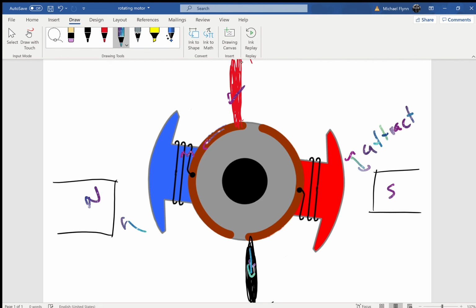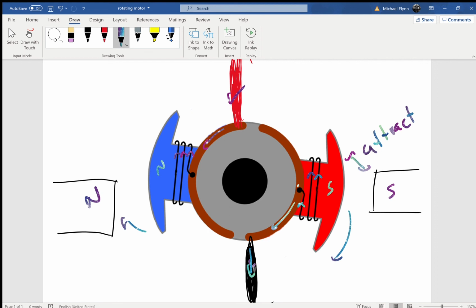It's going up here like that, coming back down here like this, exiting this way. Then if I use my right-hand rule, now this has become a north, that has become a south, and they're going to repel. So it's going to keep spinning in the clockwise direction. So just by switching my external magnet, I can make it spin the other way.